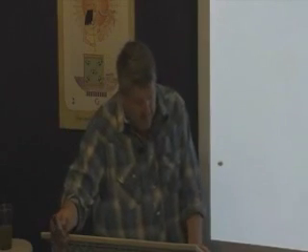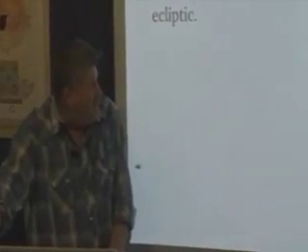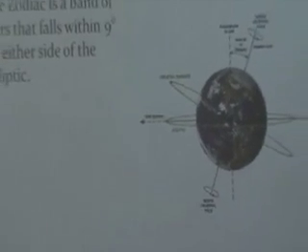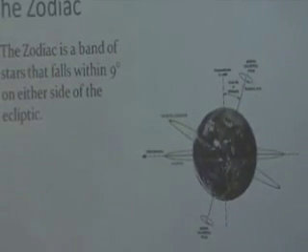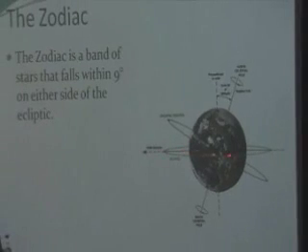So, what is the zodiac? The zodiac is a band of stars that falls approximately 9 degrees on either side of the ecliptic, which is seen here.